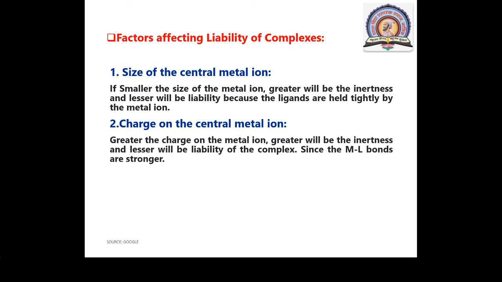Because if your central metal atom has greater charge, obviously it is electron deficient, means it is strongly bonded with its ligand. So again replacement of ligand is very slow. So obviously greater will be the inertness and lesser will be the lability.